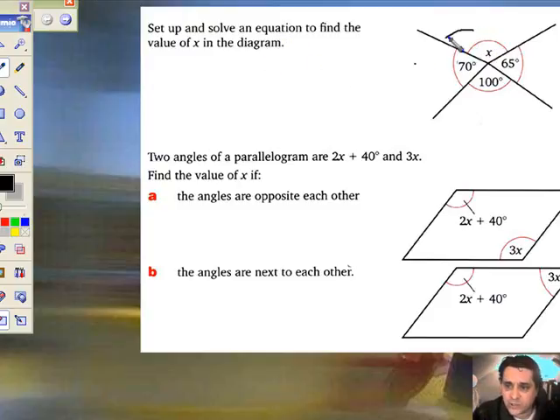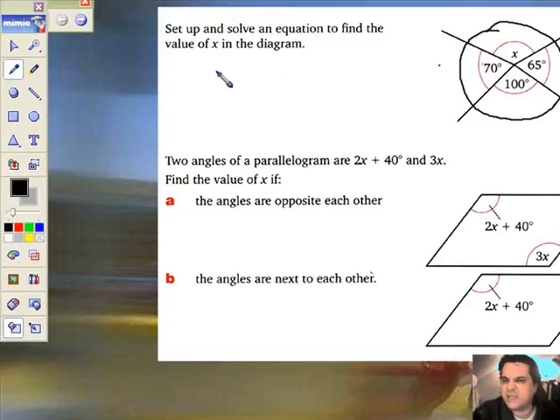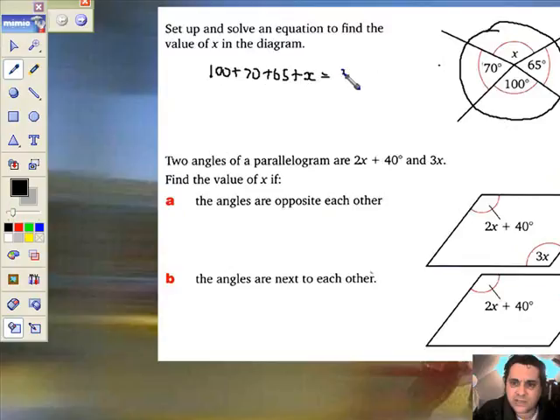Well, you should know that all this around here comes to 360 degrees, so here's a simple equation. 100 plus the 70 plus the 65 plus the mystery x all comes to 360 degrees. Adding up this little lot with a calculator, 170 plus 65 is 235, plus mystery x all comes to 360.